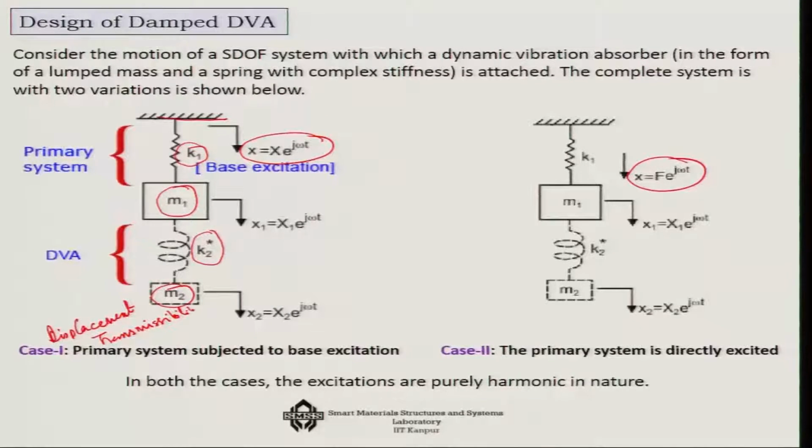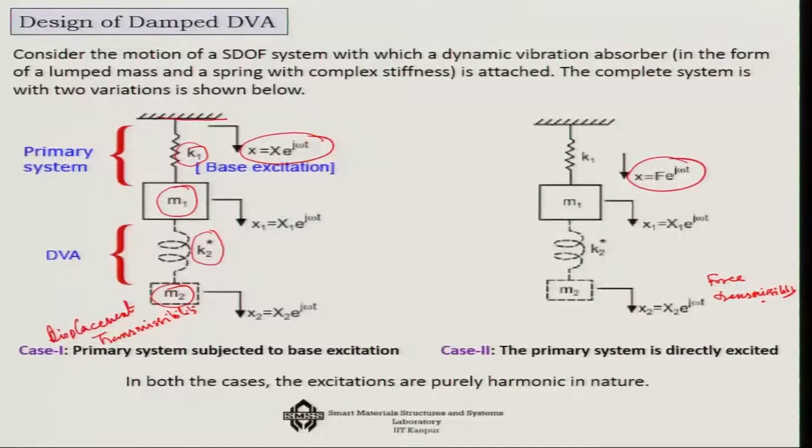The other is called force transmissibility. In fact, both transmissibilities are very equivalent, so if we work on either of the models, it is good enough to talk about the other.